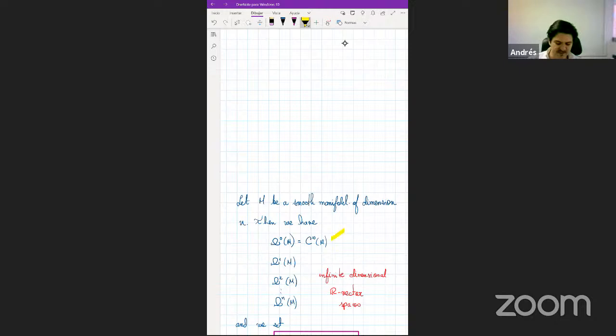Each one of these is a vector space over the reals. That is, multiplication by scalar functions. And on the back side, they are infinite dimensional, so they are huge.